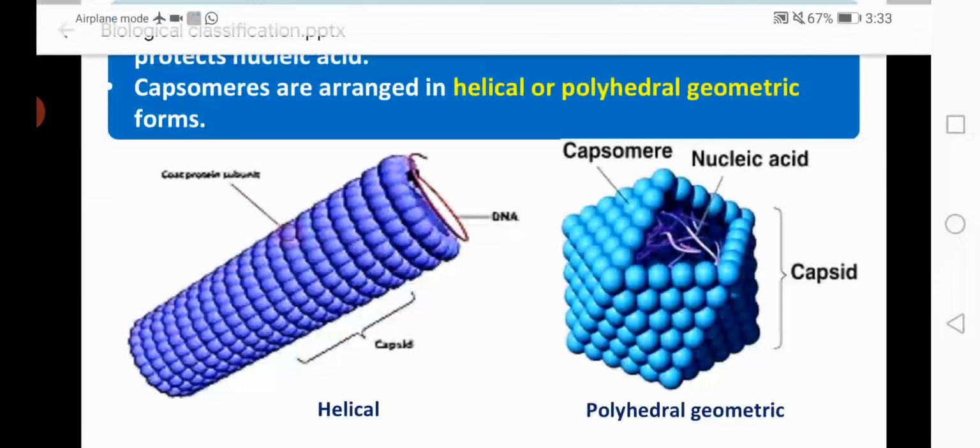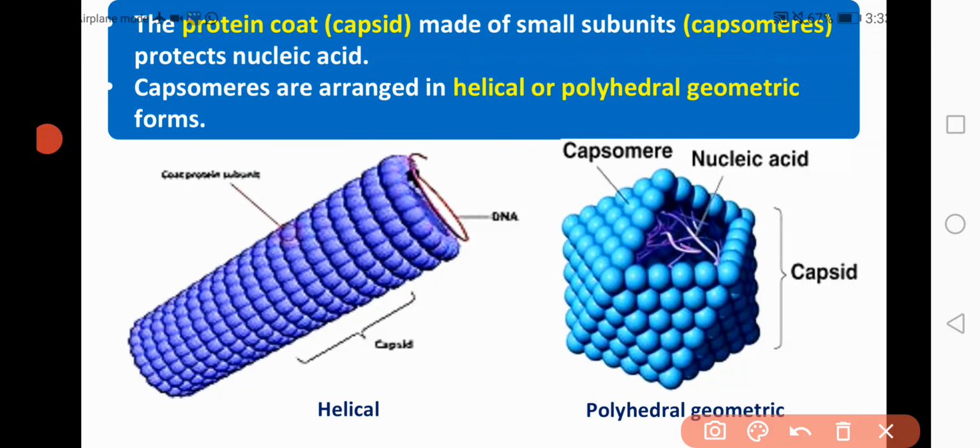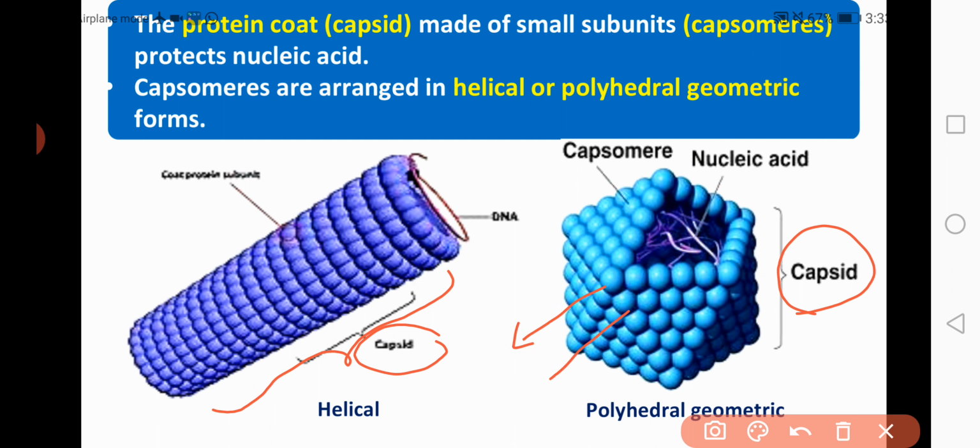So in the picture, this is the entire protein coat. This entire protein coat is called the capsid, whereas the capsid contains many smaller subunits, and these subunits are called capsomeres.